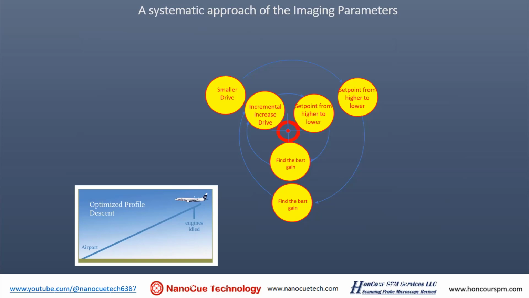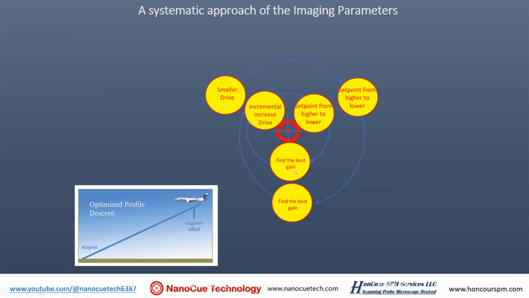If it's not good enough, increase your drive a little bit. When you increase drive, be careful not to just increase it. You have to increase the set point so the tip and sample are separate, and then you increase your drive a little bit, decrease the set point until the tip and sample engage, and then you find the best gain and repeat.